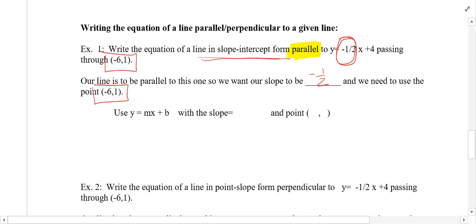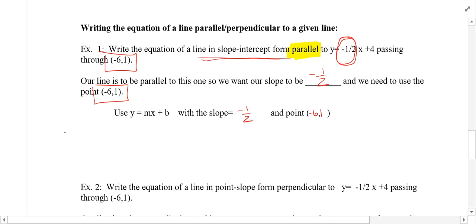to write an equation. So again, we have two strategies for this. You can use y equals mx plus b form to plug it in, solve for b. You can also use point slope form if you like that better. So we're going to use the point negative 6, 1. This is the slope, so our slope of negative 1/2, and then our point is negative 6, 1.